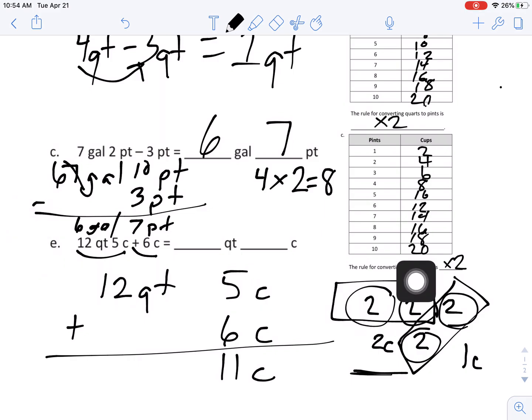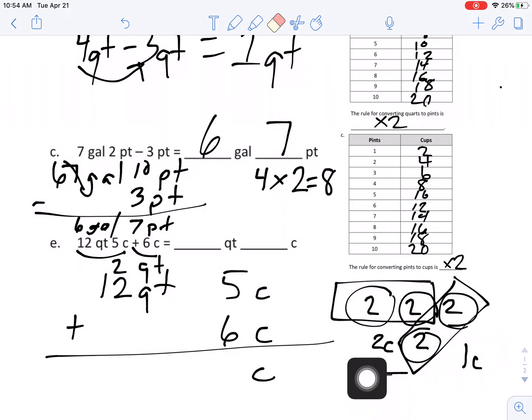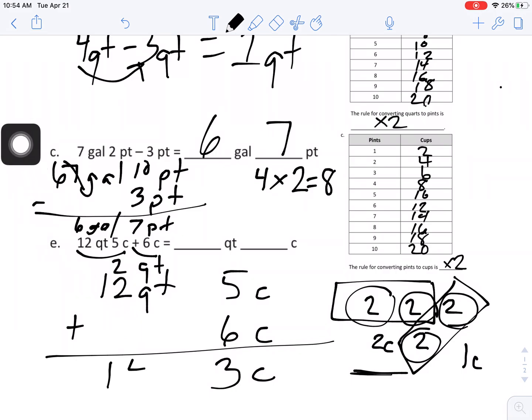Now I have 1 quart, 2 quarts. I'm going to regroup over here, 2 quarts. And now I don't have 11 cups anymore. Now I have these 2 and this 1, and that makes 3 cups. This is a lot of math. 12 quarts plus 2 quarts made 14 quarts. So I have 14 quarts and 3 cups.